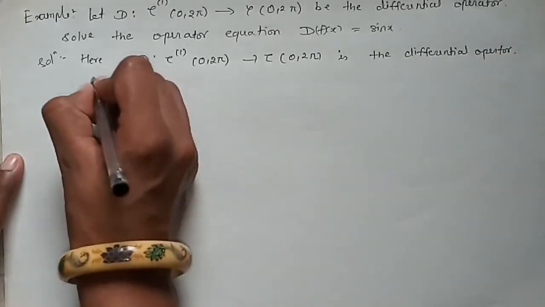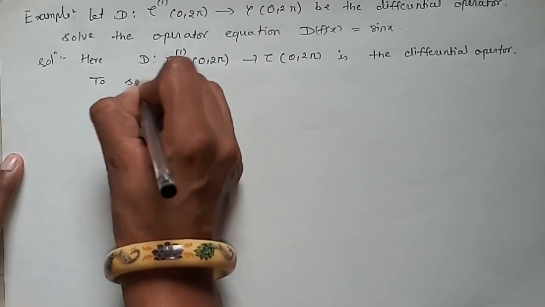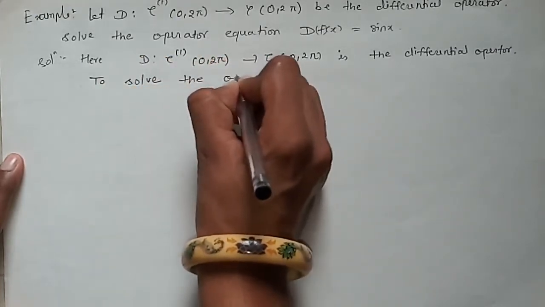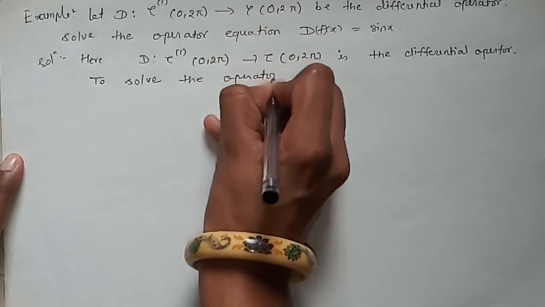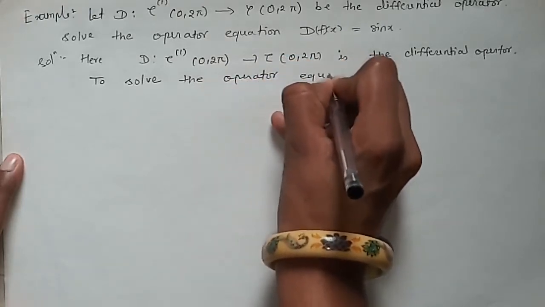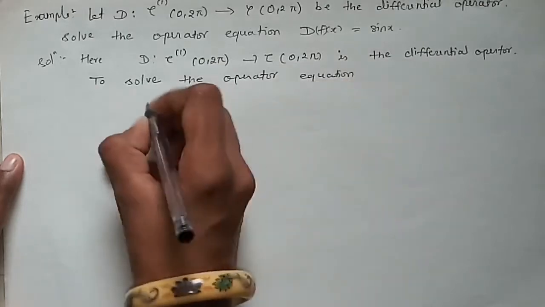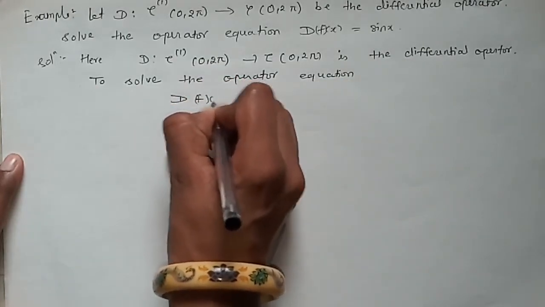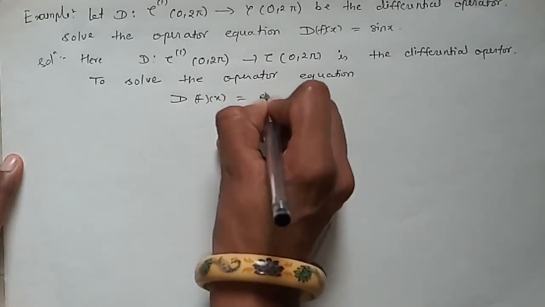Now we have to solve the operator equation, and which is the operator equation? D f of x is equal to sin x.